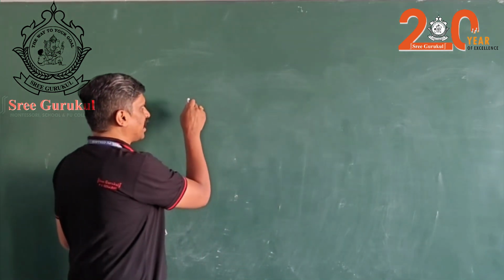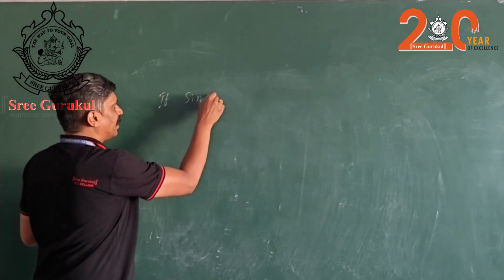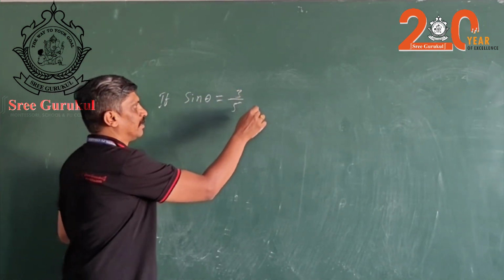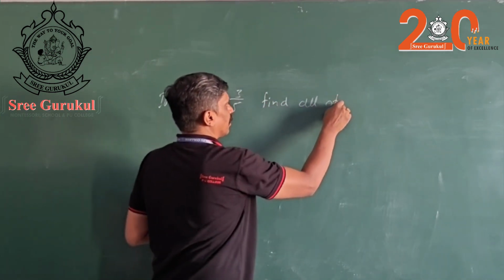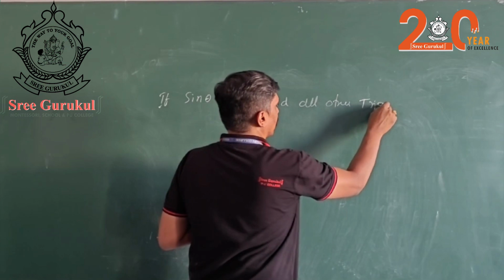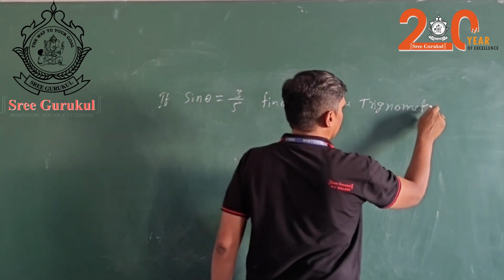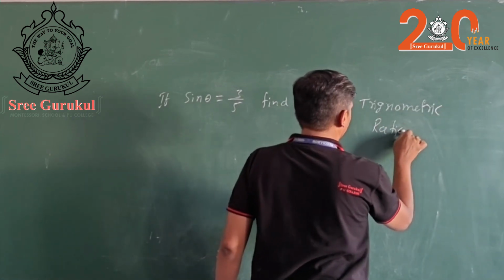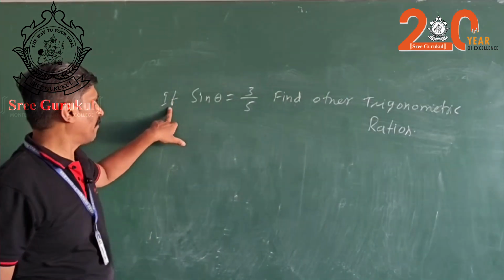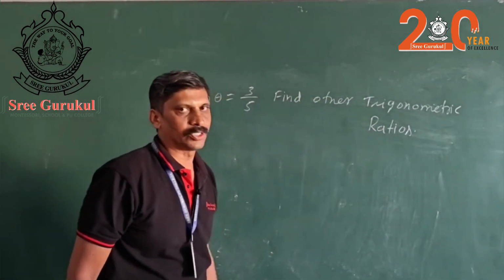See here, the first basic problem is: if sin theta is equal to 3 by 5, find all other trigonometric ratios. Just observe this formula.